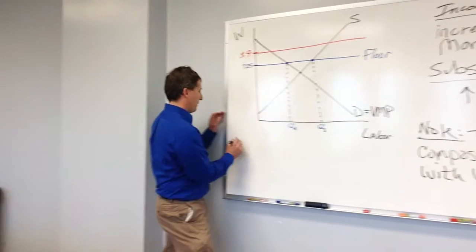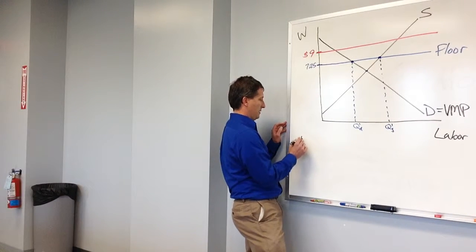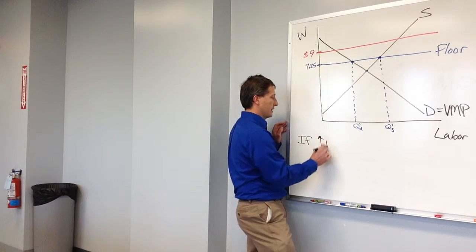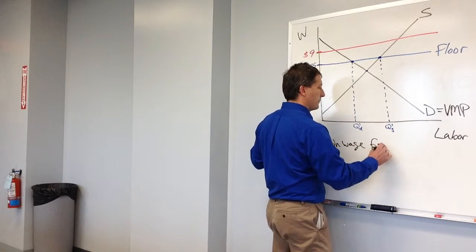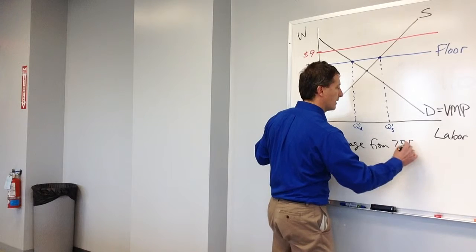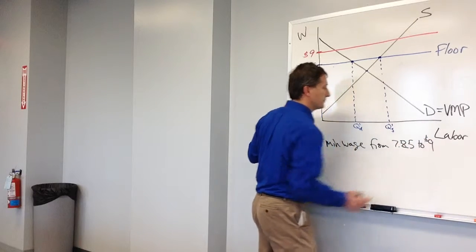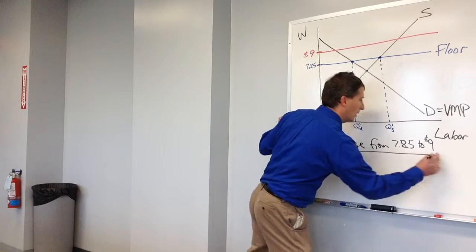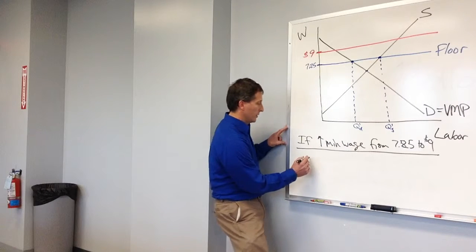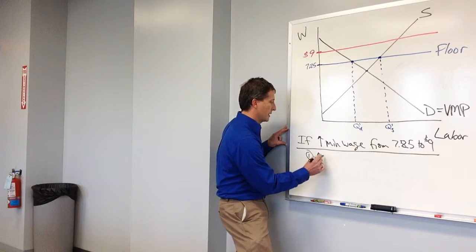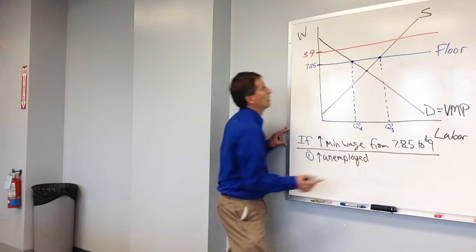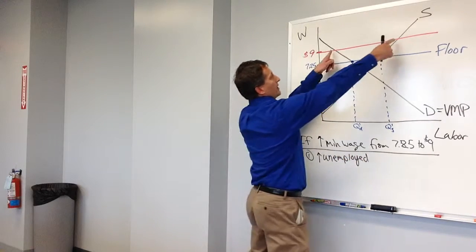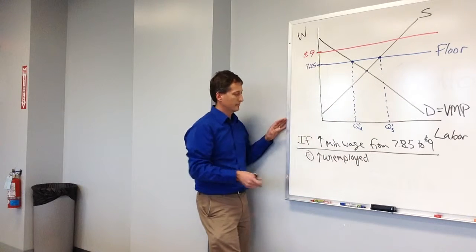If we increase minimum wage from $7.25 to $9, we're going to, one, increase the unemployed. And we see that here in this vertical distance.